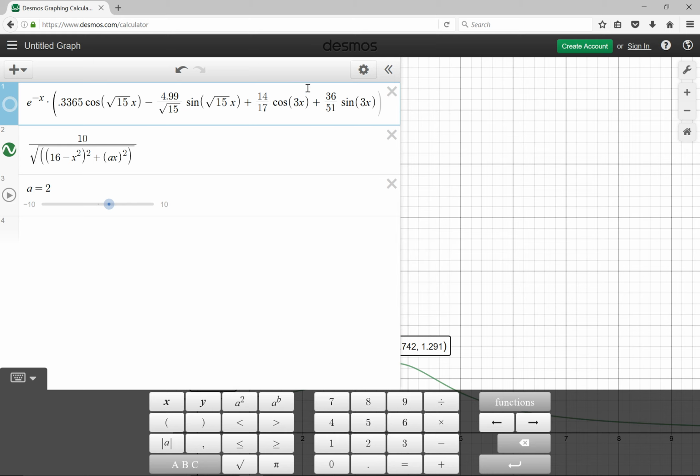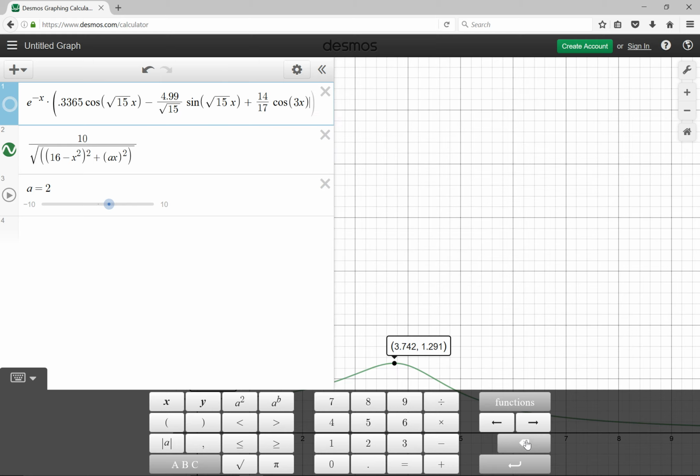And then this piece just becomes, let's lose some of this mess. And then it becomes minus. And this is not that. Oops. Plus.